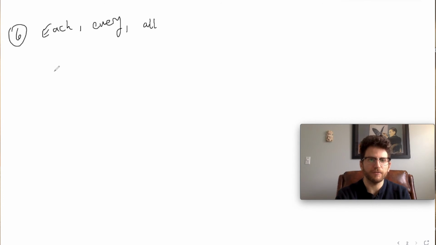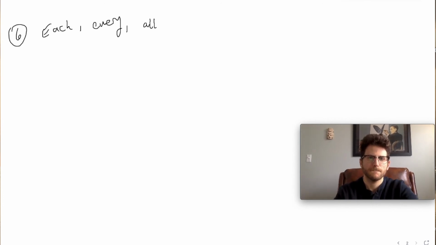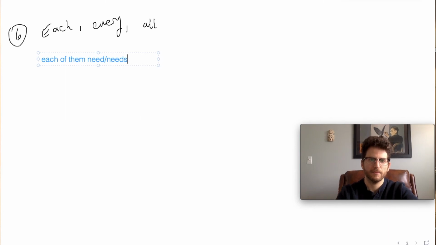So each of them need or each of them needs. Now you might think that each, because it's with them, is plural, so there I would need. Each and every is always singular. So if I said every one of them needs, each of them needs, each and every is always singular.